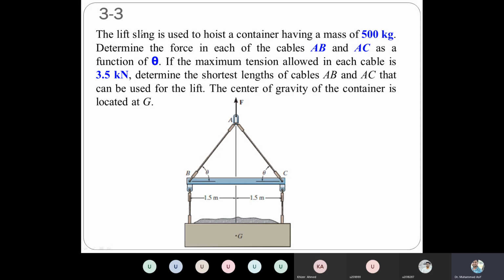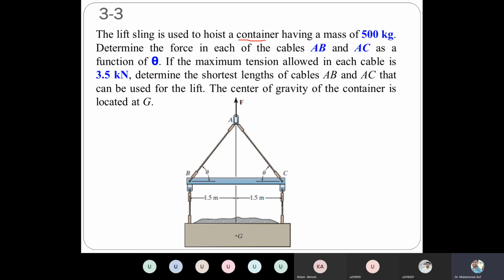Let's try to solve one more example. Let's say this is a problem from the exercise book, 3-3. The problem says that the lift sling is used to hoist a container. Now this is a container. You know that these containers are used for import or export of goods, and they can carry a very huge volume of items.